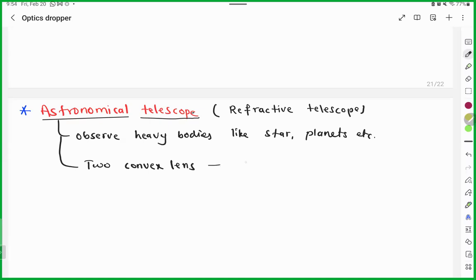First, both are placed coaxially along the same axis, same as the compound microscope. Second, here your objective lens will be bigger because it has to collect radiation from infinity, so the size should be bigger. And the eyepiece near you should be smaller.